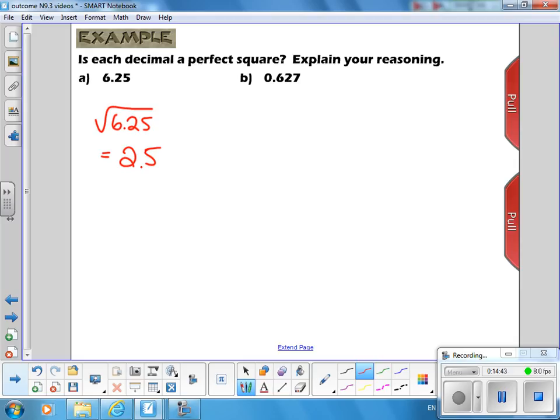A perfect square in decimal form, we talked about this briefly, needs to either terminate or repeat. Terminate means there is an end. And in this particular one, 2.5 is all that shows up on the calculator, so it is a terminating decimal.